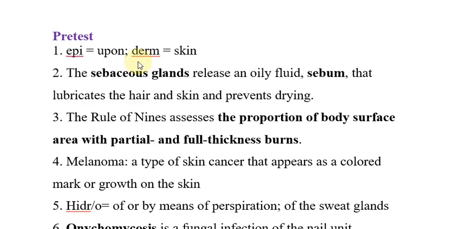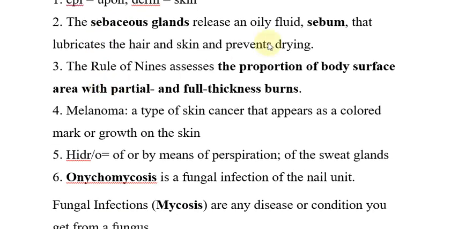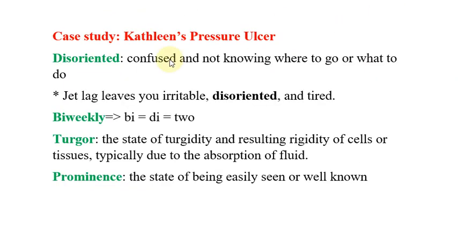We worked on prefixes, suffixes, roots if we had. And in the case study about Kathleen's pressure ulcer, we had some general words with definition, pronunciation, and sample sentences, and some technical terms again with pronunciation, definition, and sample sentences if we had any.